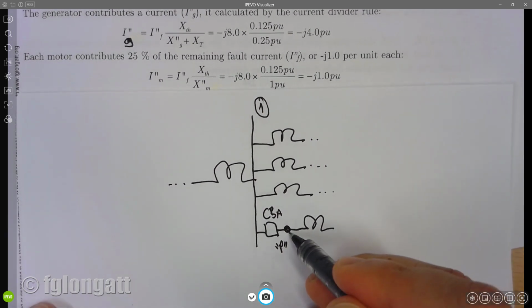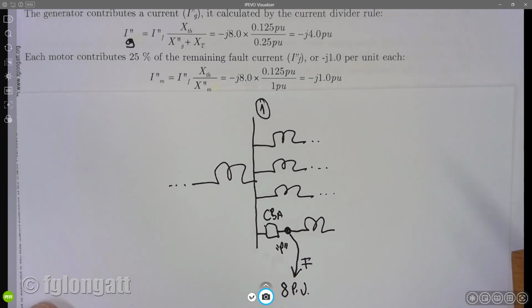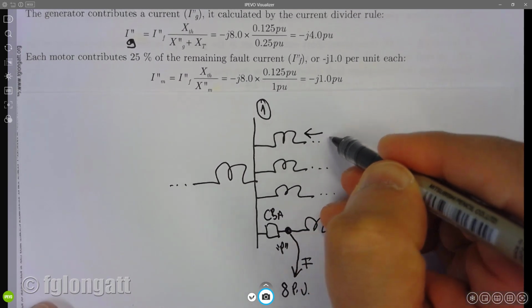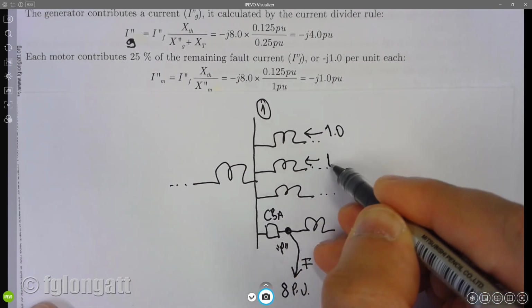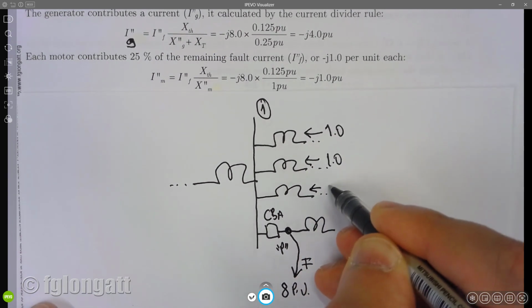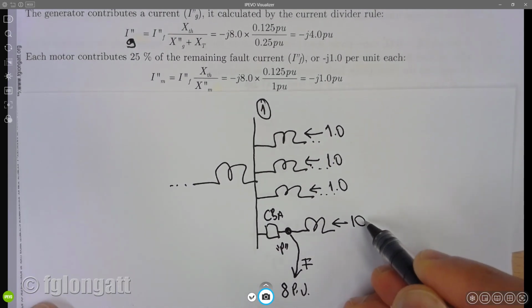And here, when I have the fault, this is the short circuit, the current that is going here is 8 per unit, okay? This motor is contributing with 1 per unit, this motor 1 per unit, this motor 1 per unit, this motor 1 per unit, but there is a problem.